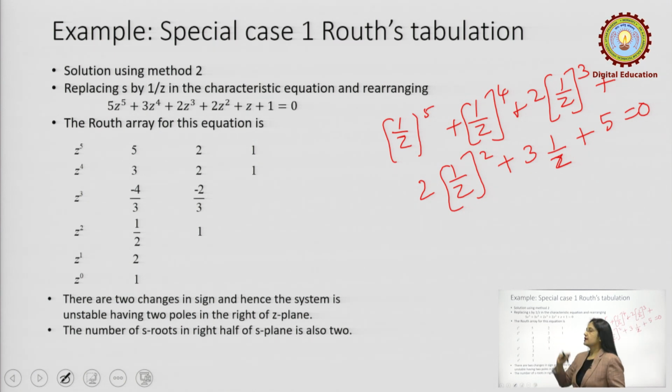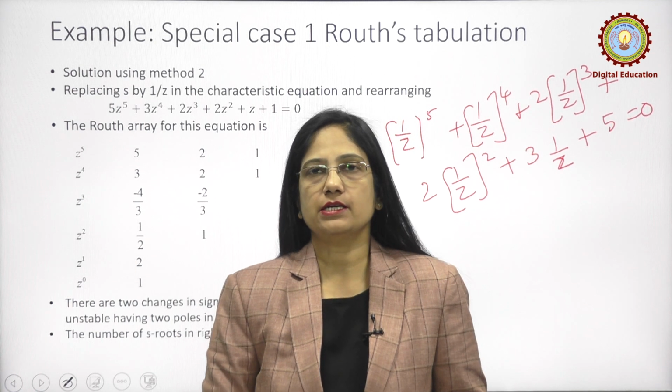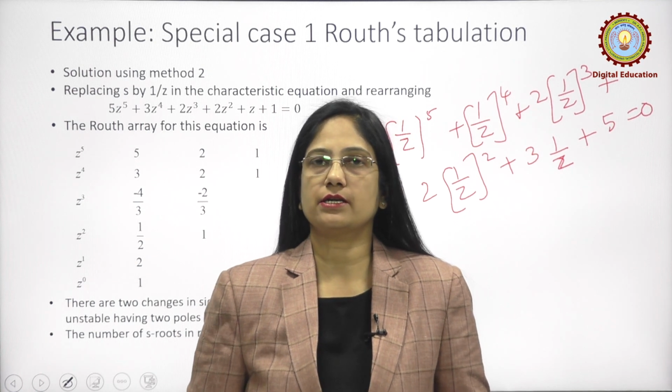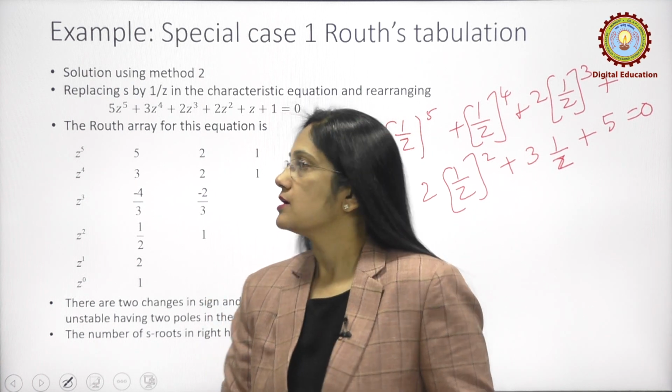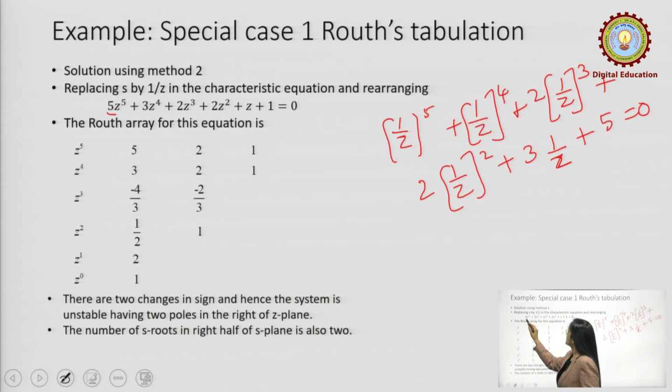Simply replacing S by 1 by Z, now we get a new characteristic equation. The coefficients of Z are here 5, and then we are rearranging it from the highest order, and this is the new characteristic equation.